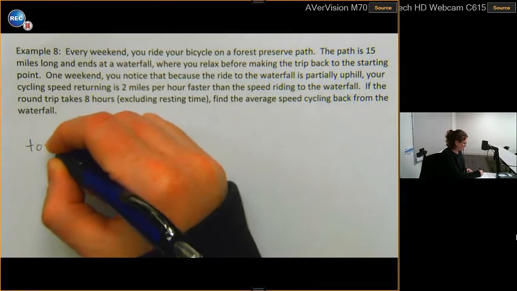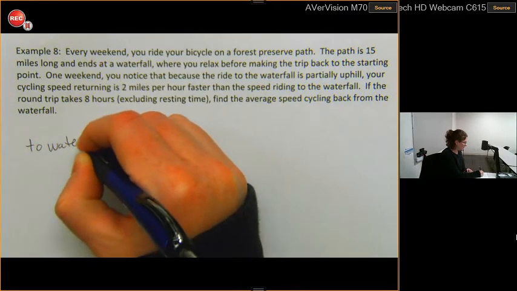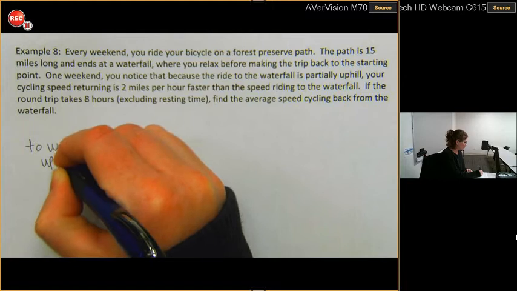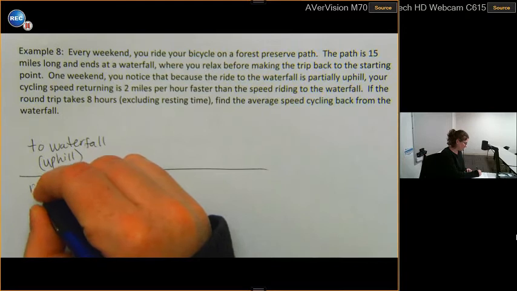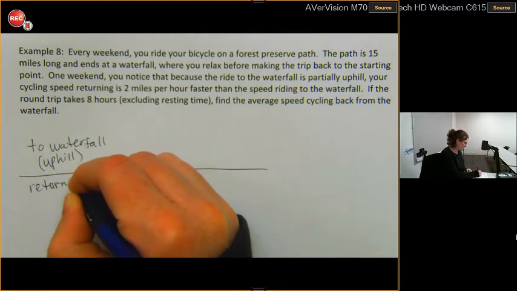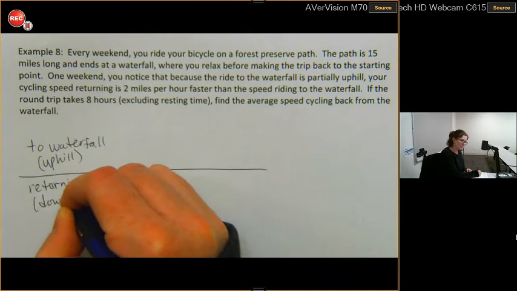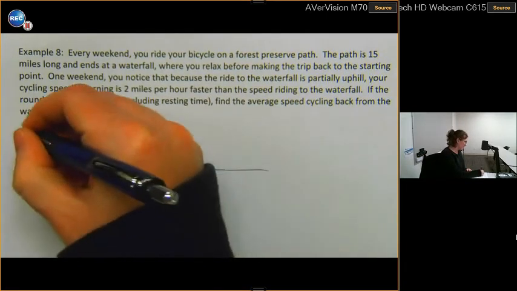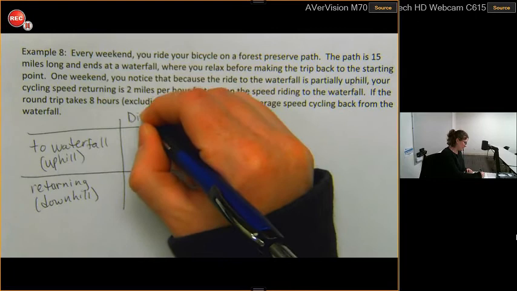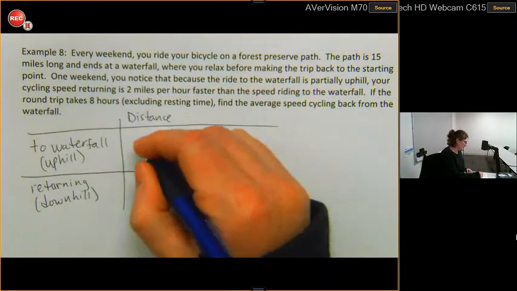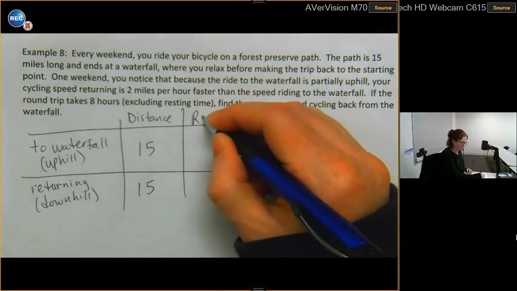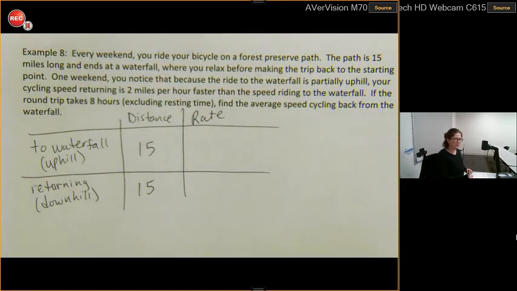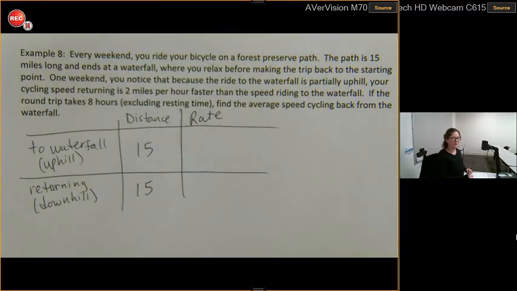Let's summarize what we have. The distance, it is a 15-mile long path. The rate, we know that you go 2 miles an hour faster on the downhill trip.